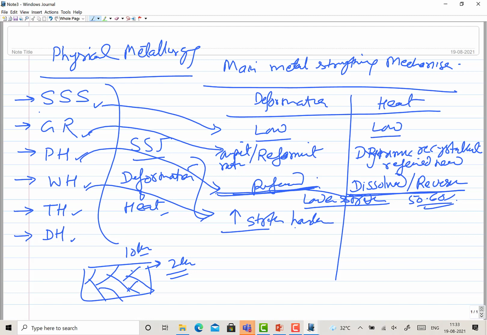The work hardening effect is imparted through the generation of newer dislocations, and when the heat applied is significantly high, it will cause recovery and recrystallization. So you are gaining on one side, but you are losing on another side. Depending upon the process, whether it is the deformation that is dominating or the heat that is dominating, that will determine in totality the performance of the joint.